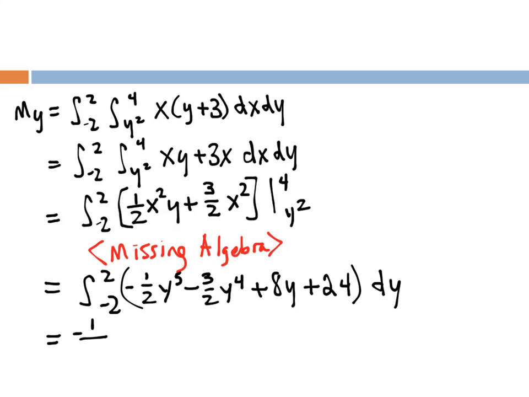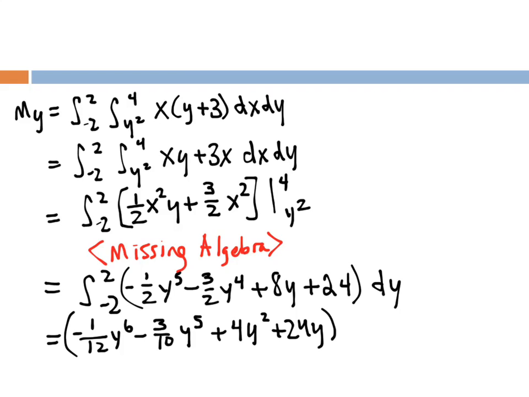I get -1/12 y to the 6th minus 3/10 y to the 5th plus 4y squared plus 24y. And we evaluate that at 2 and -2. And when we evaluate that at 2 and -2, we get 384 over 15. Not 15, sorry, 5. Look at the right page. 384 over 5. And again, the reason we did that is because then we can find x bar.